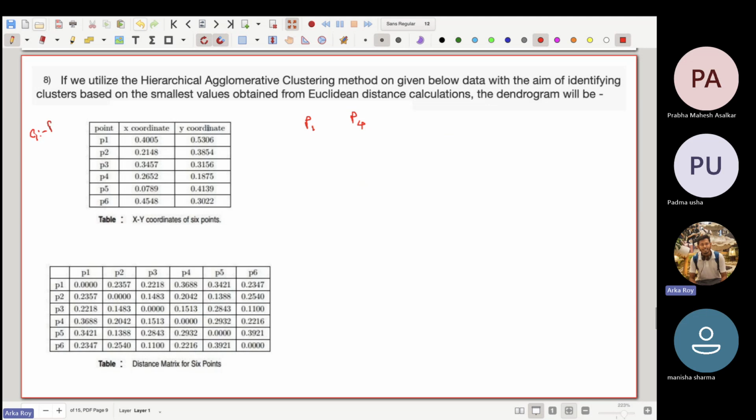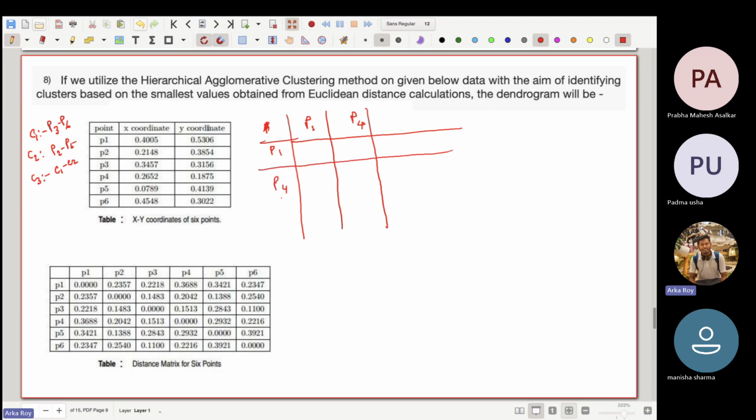We have C1 that is comprising P3 P6, then we have C2 which is P2 P5, then we have C3 which is a joint cluster of C1 and C2, right? Now how can we create the matrix in this particular case? So sorry, this P1, this P4.